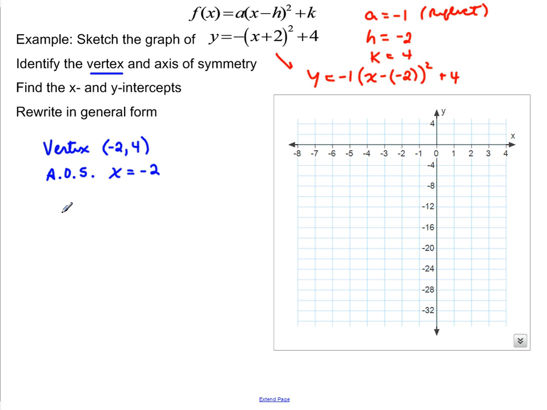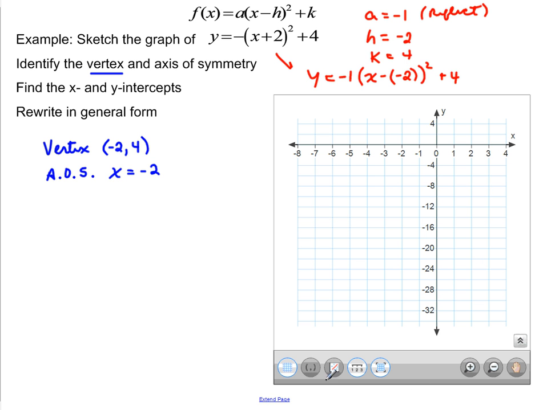Well, what else can we tell right here? If we're not as familiar with what a is going to do, it means that if we go to the left or right by 1 from the location of that vertex, we're going to go down 1. So just for illustration, I'll do this right here on the graph.